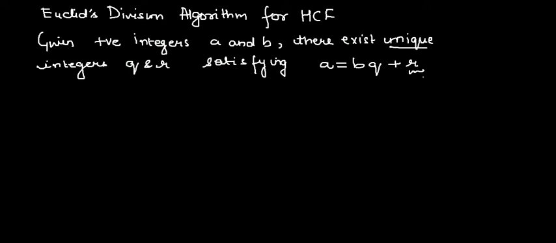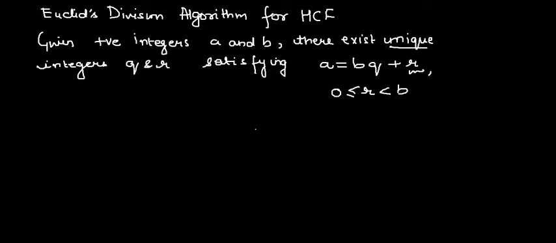So essentially, when you divide a by b, a is a multiple of b, q times b, plus the remainder r. So r is the remainder. Therefore, another fact attached to this is that r should be greater than or equal to 0, or of course less than b, because if it is equal to b or more than that, then while dividing, of course, you would have some multiple of b, right?